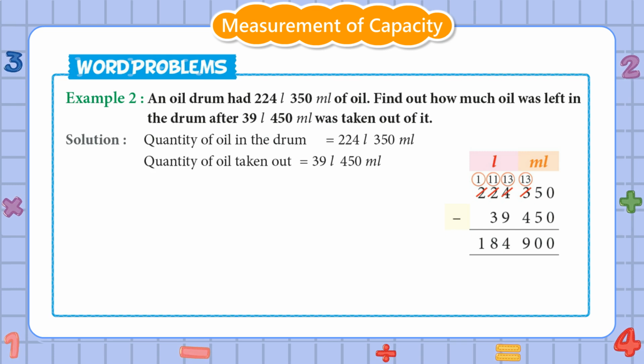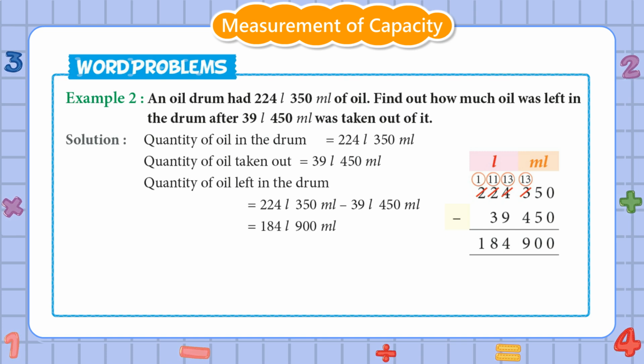Quantity of oil taken out is equal to 39 liters, 450 milliliters. Quantity of oil left in the drum is equal to 224 liters 350 milliliters minus 39 liters 450 milliliters. It is equal to 184 liters 900 milliliters. So, 184 liters 900 milliliters oil was left in the drum.